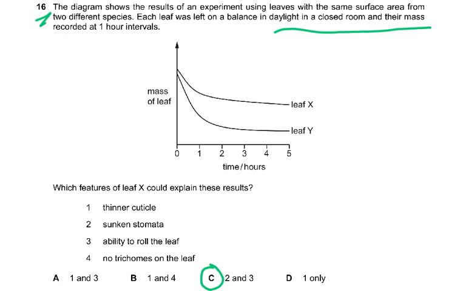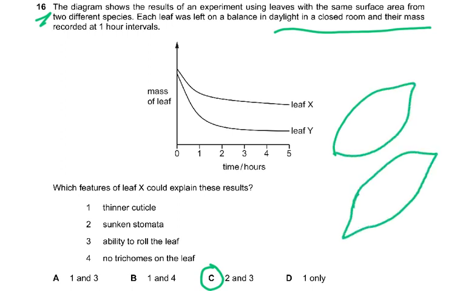Surface area means just the surface area. So they were both the same surface area. Maybe one was longer or one was broader or something. Surface area was the same, but they were different species.